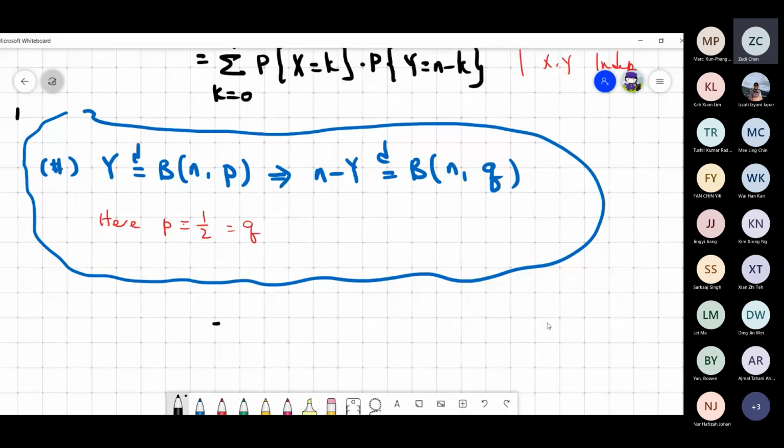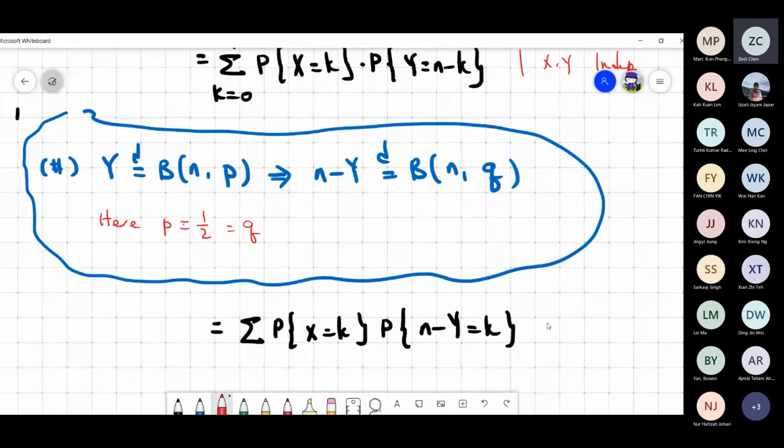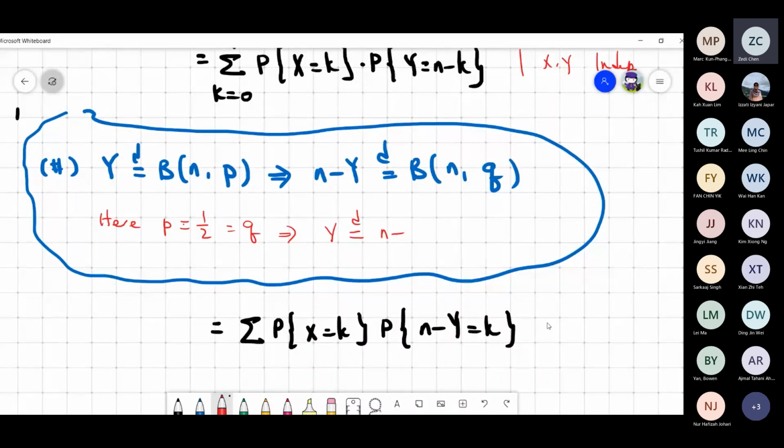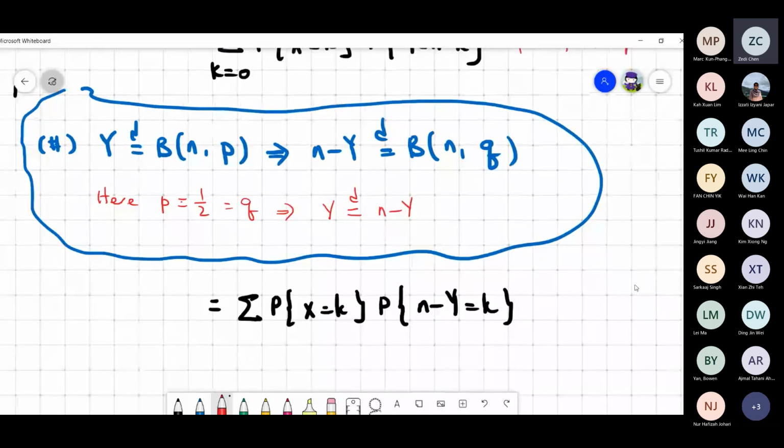So this will be equal to the summation of P of X equals K and P of N minus Y equals K. So here P equals half, Q equals half, which implies that Y must have the same distribution as N minus Y. So this will end up to be this.